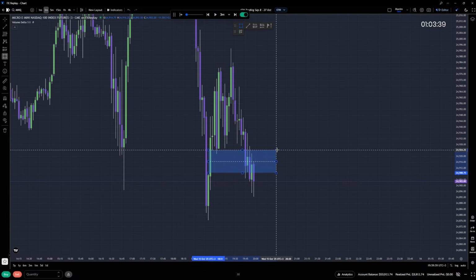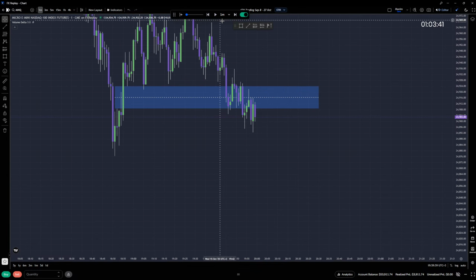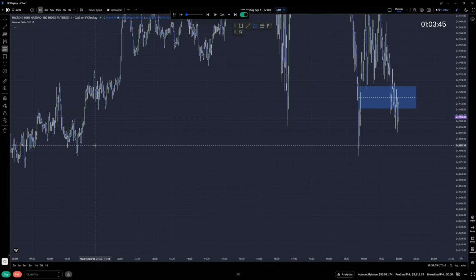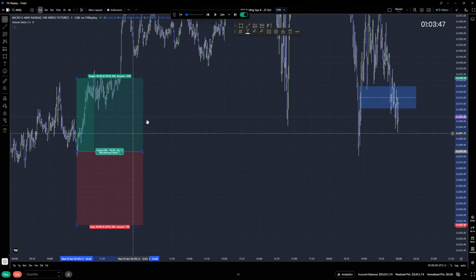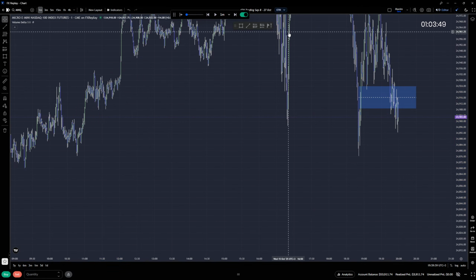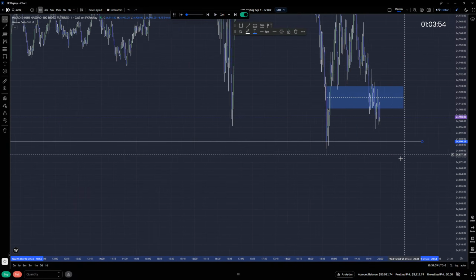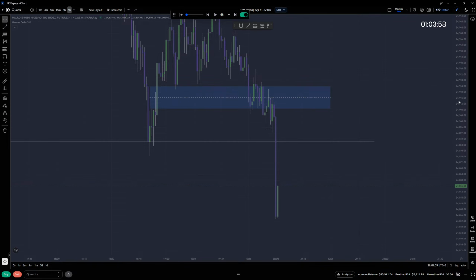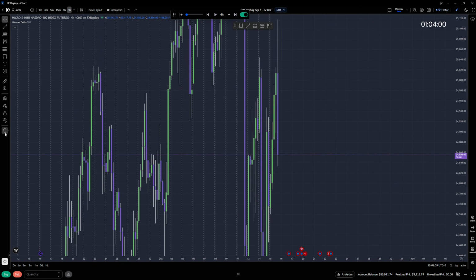And now it's 8. Let's see if this close holds at this first low. Then the next low is down here. Oh, this is also a low. Okay. Yeah, I don't think I would have gotten anything on that.